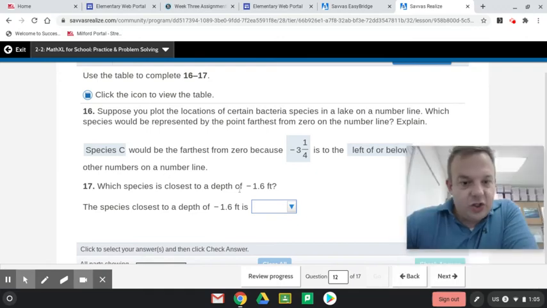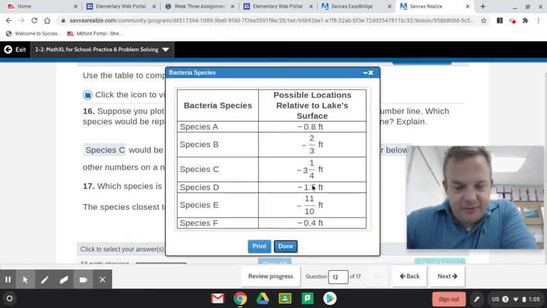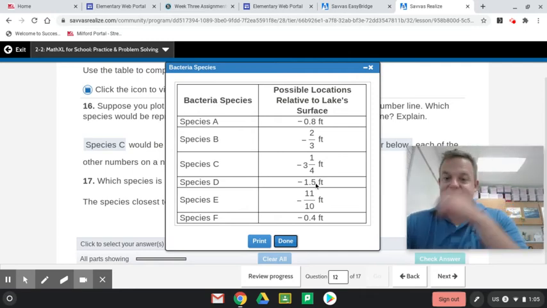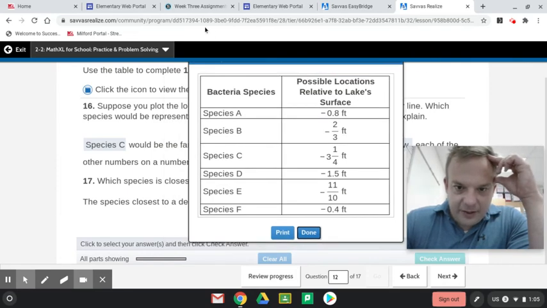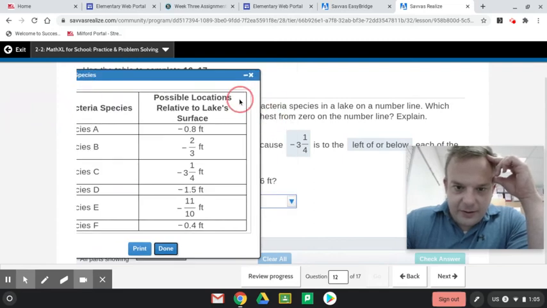Which species is closest to the depth of -1 and 1/6? Let's see, which one's closest to -1 and 1/6? That one I could see how they're trying to trick you into thinking that. That's -1 and 1/2. Let me look at that fraction again. Where'd it go?